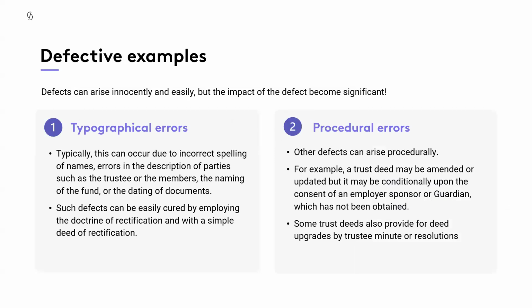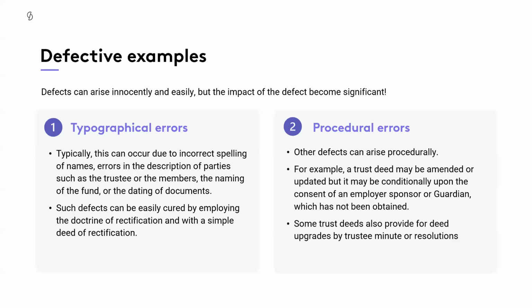Whilst it doesn't seem that significant, or it seems somewhat trivial, ultimately, the impact of that defective document can become very significant. So these are some of the areas that we see quite regularly that we need to then look to remedy through a deed of rectification or sometimes ratification process.